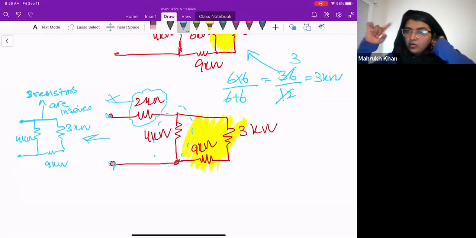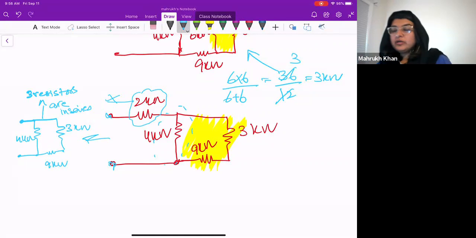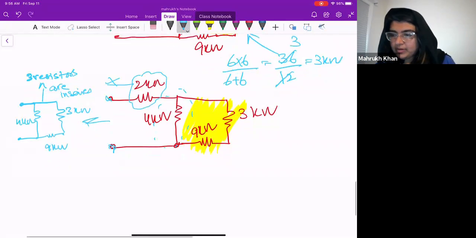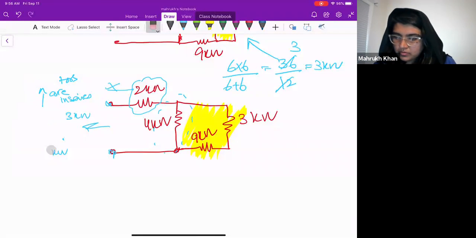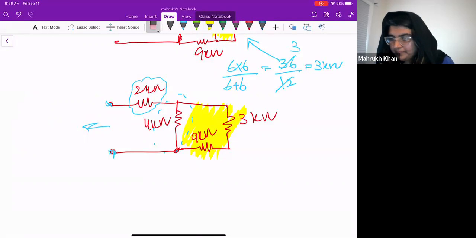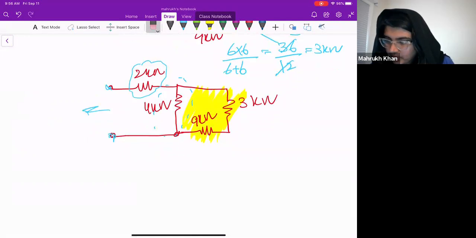But right now, because of 2 kilo ohms, the current is dividing there and it's not in series, okay? So, okay, let's move from there. 9 kilo ohms plus 3 kilo ohms is equal to 12 kilo ohms, that's right.